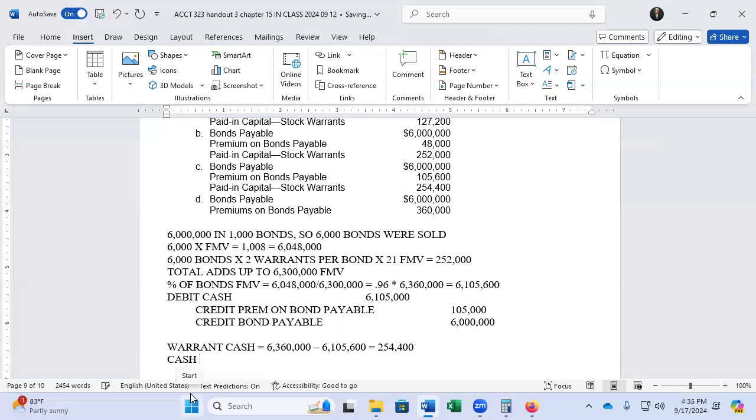So that would be debit cash $254,400, credit to paid in capital, stock warrants, $254,400.